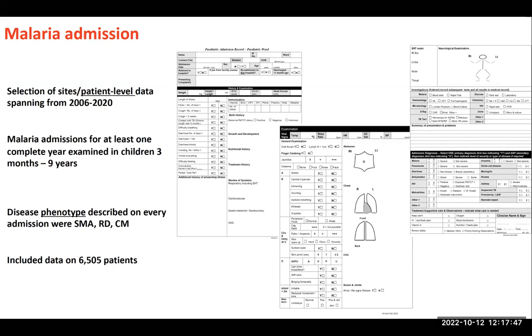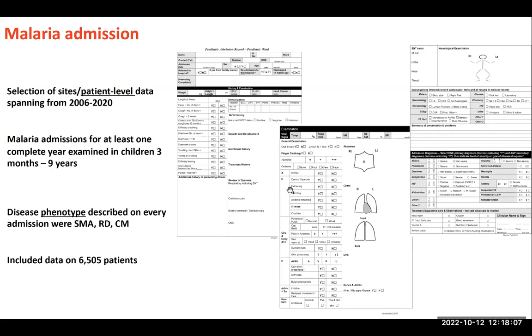So in all the hospital sites, surveillance was conducted 24/7, and an electronic medical record form that recorded the features of severe malaria was maintained. And this data was obtained between 2006 to 2020.